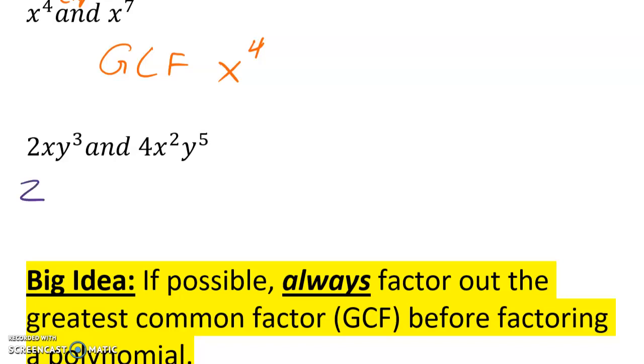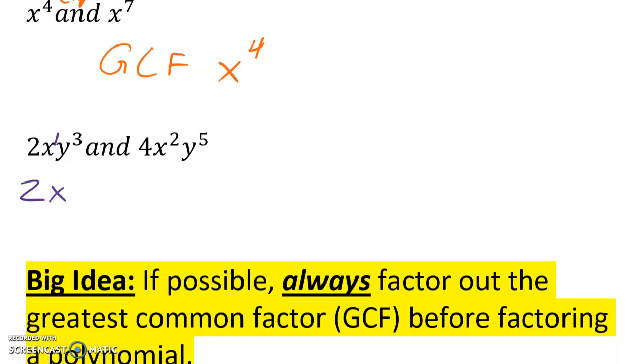So I start by finding the greatest common factor of the numbers, and then I look at each variable individually. I look at the x and x squared. The lowest exponent would be 1, so I can factor out at least an x out of both of those.